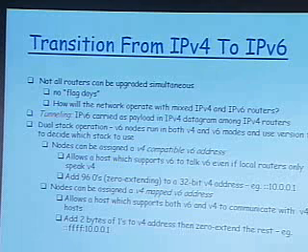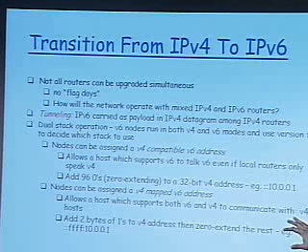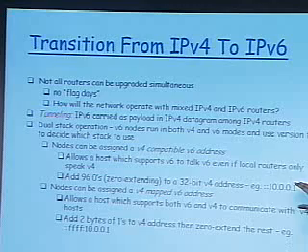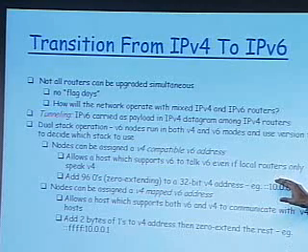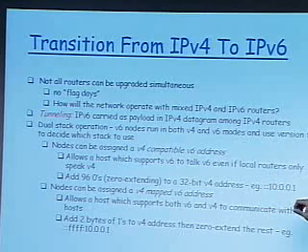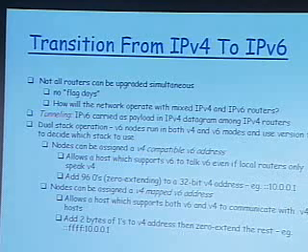And there are two ways to do it. One is the tunneling approach, which we'll see in the next slide, and the other is a dual stack approach. In a dual stack approach, nodes will run both IPv4 and IPv6, and they can be assigned a v4-compatible v6 address or a v4-mapped v6 address.